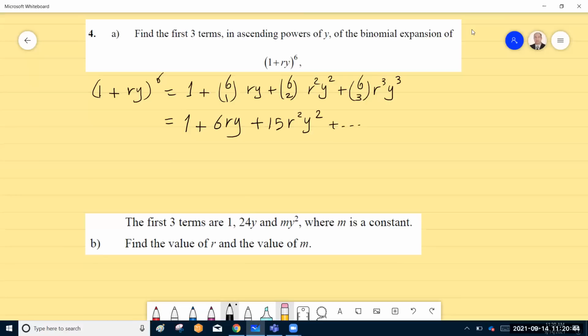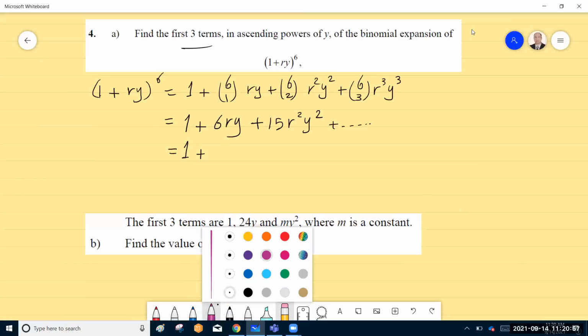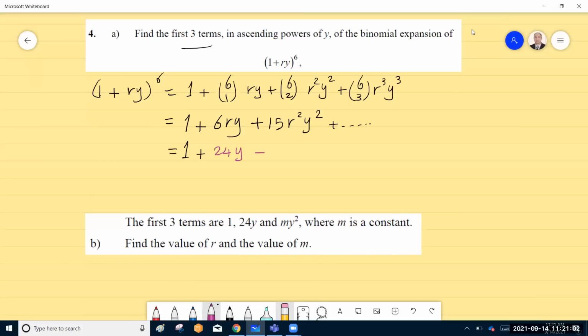That's enough, three terms as mentioned. The first three terms of the expansion correspond to this one, 1 plus 24y plus my squared. So equate the coefficients of the corresponding terms. 6r corresponds to 24, so 6r equals 24, divide by 6, which implies r is 4.